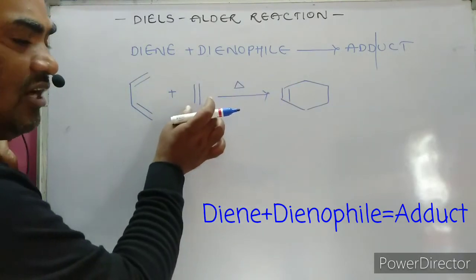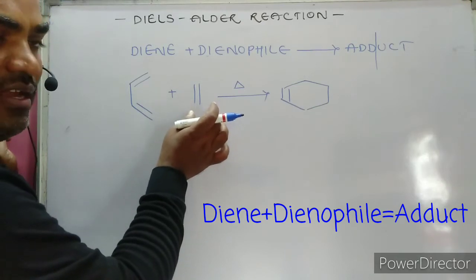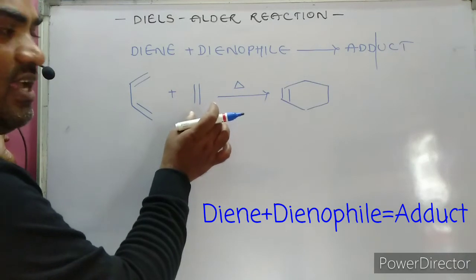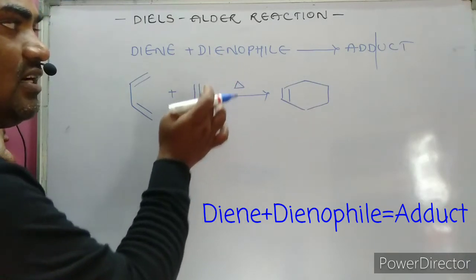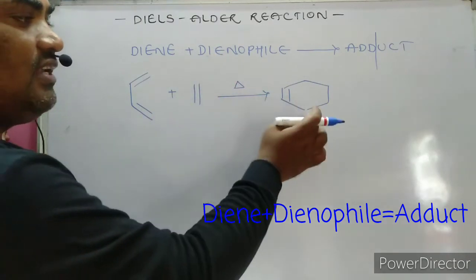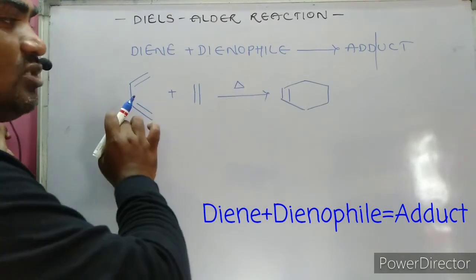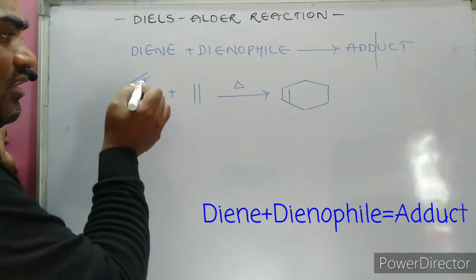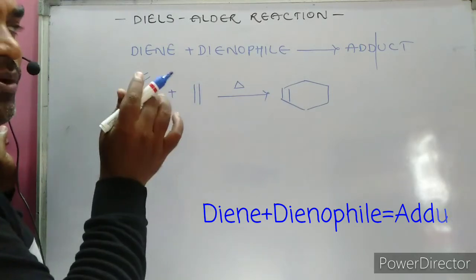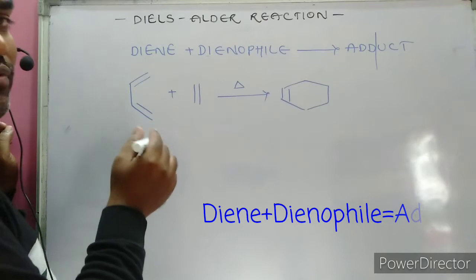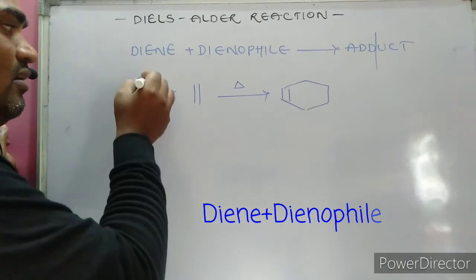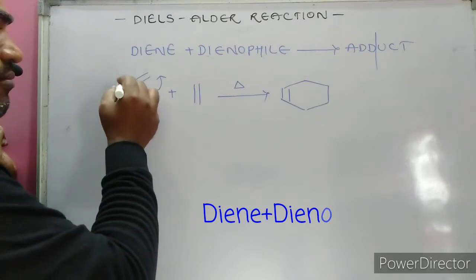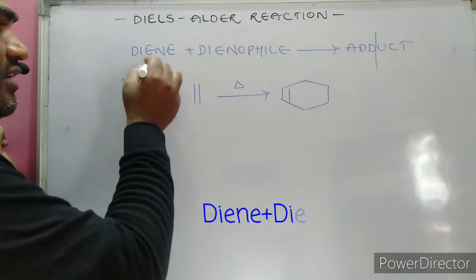If any electron withdrawing groups such as aldehyde, carboxylic acid, cyano, nitro, or sulfonic acid are present on the dienophile, then the yield of this reaction is better and the reaction proceeds faster. Different mechanisms were proposed to explain the Diels-Alder reaction, but in one of them the electrons move toward this side, giving a minus charge here and a plus there.